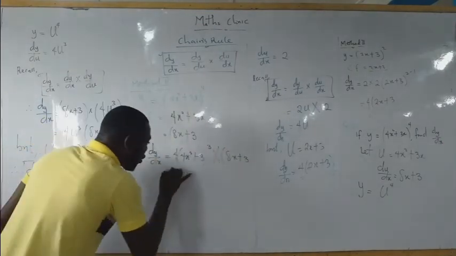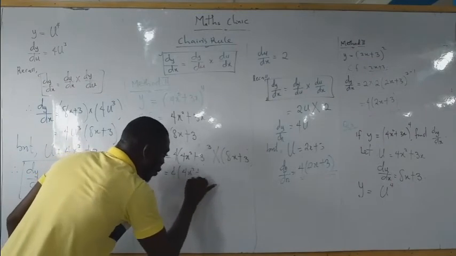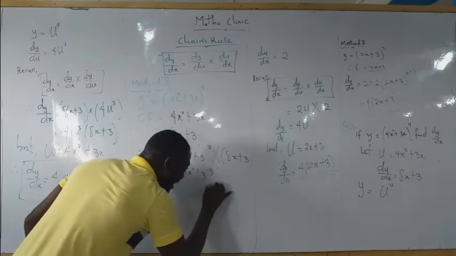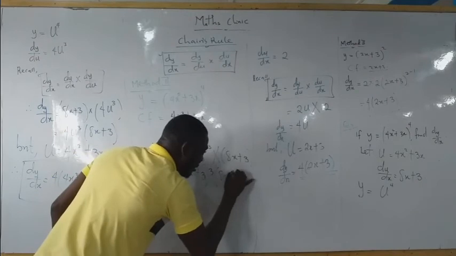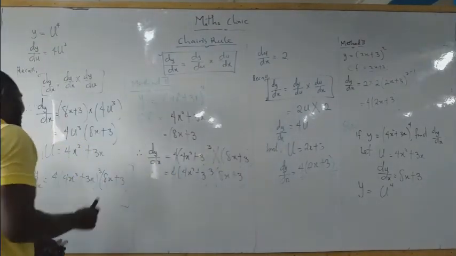So that becomes 4 into bracket 4x squared plus 3x all raised to power 3 into bracket 8x plus 3. This is dy/dx.